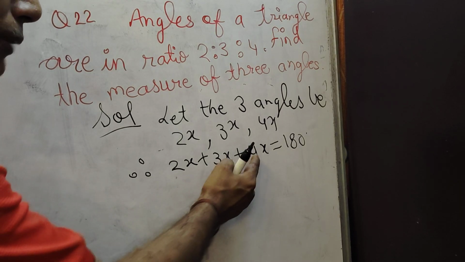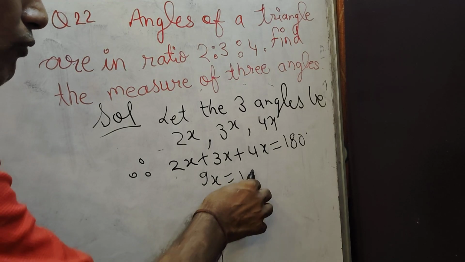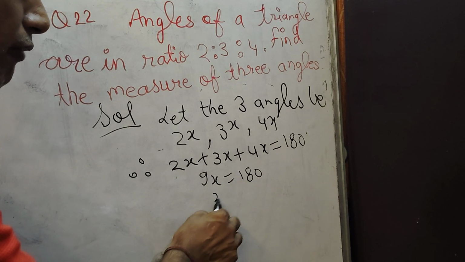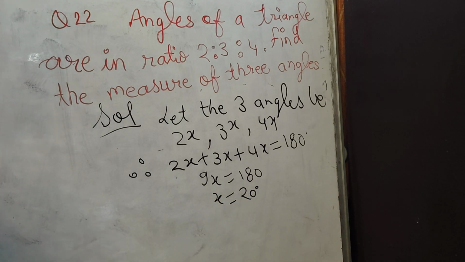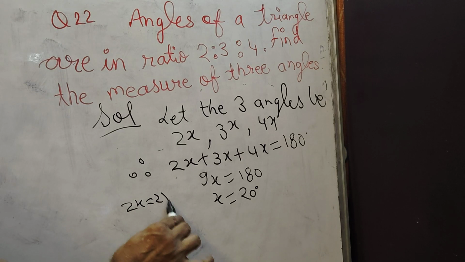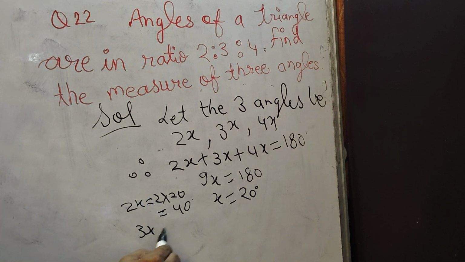So 2 plus 3 plus 4 is 9, 9x equals 180. Divide both sides by 9. x is 20 degree. So the first angle 2x is 2 into 20, 40 degree. 3x is 60, 4x is 80. So 40, 60, 80 is the answer.